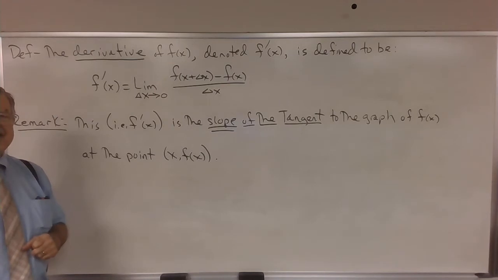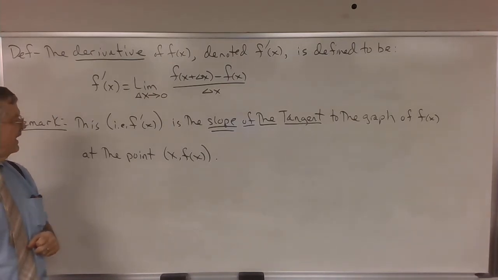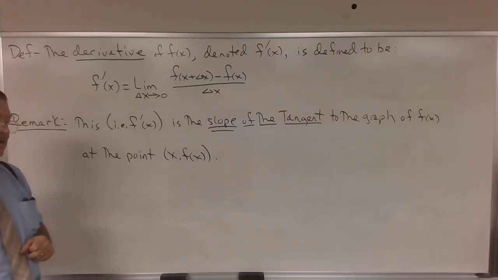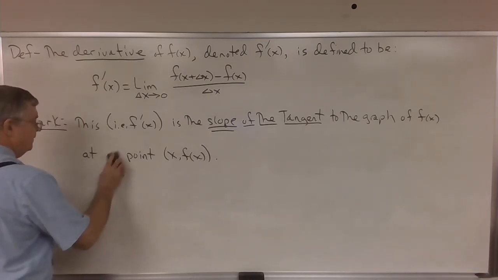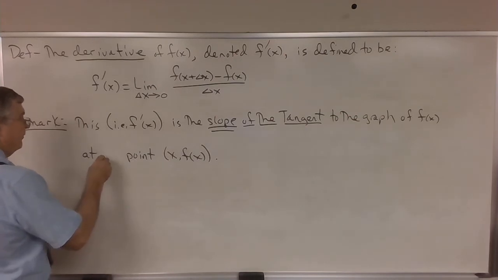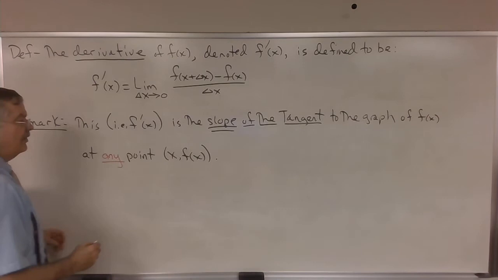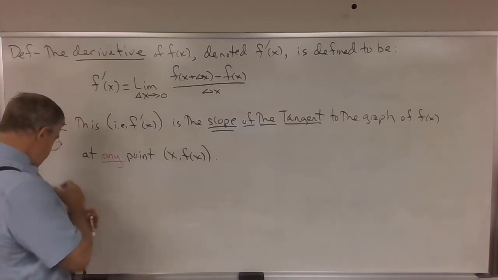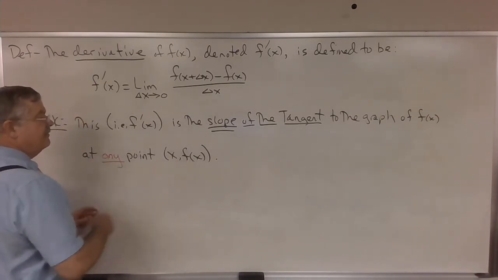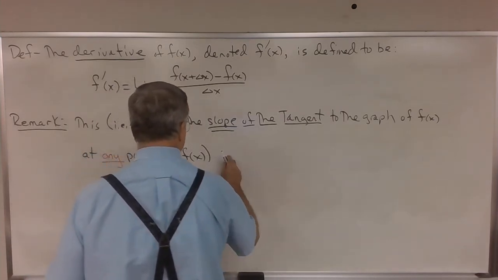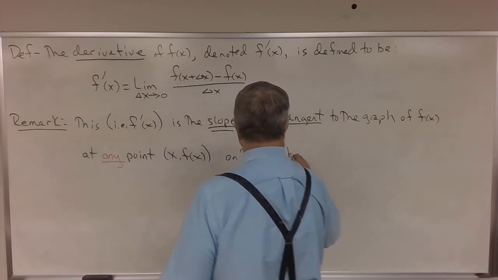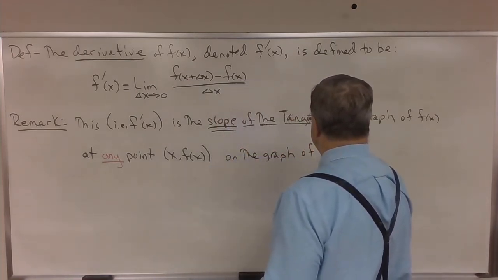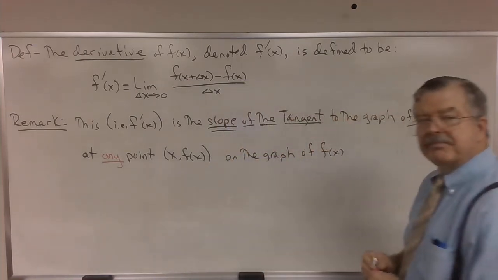Well, what point x, f of x is that? Well, you know what? I can amend this a little bit. And say at any point x, f of x on the graph of f of x.